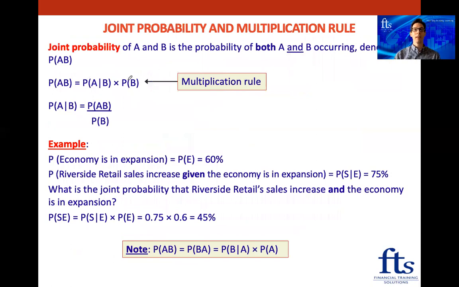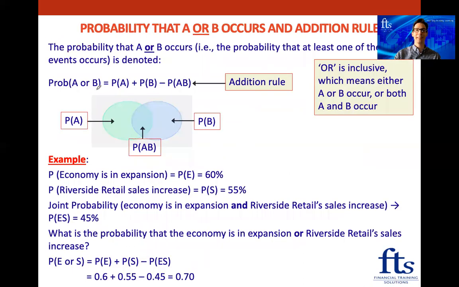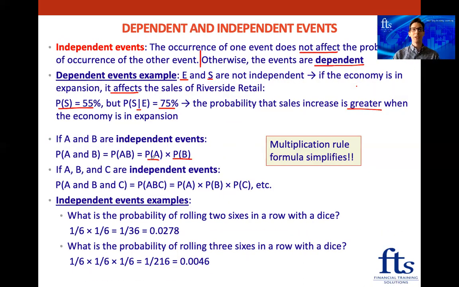There was a multiplication rule for the dependent events: the probability of A and B was the probability of A given B, multiplied by the probability of B. Now, when we've got independent events, it makes life a bit easier, because to work out the joint probability, the probability of A and B, all we need to do is multiply the probabilities together. If we've got A, B, and C, and they are independent events, again, all we have to do is multiply the probabilities together.